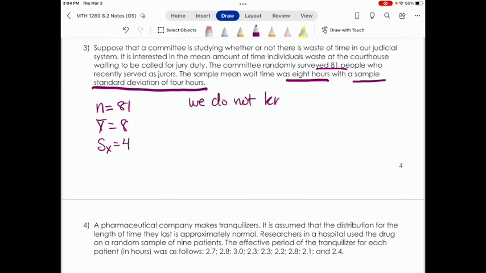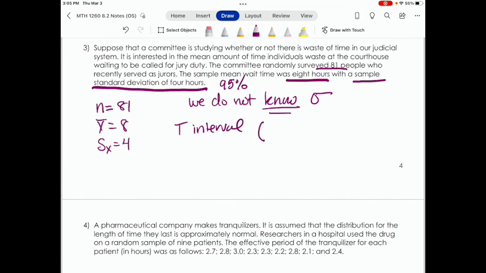We do not know sigma. We don't know the population standard deviation, which means, again, we're going to use t-interval. Now, if we want to do this for 95% confidence, we're going to put in that our sample mean is 8, our sample size is 81, and our standard deviation for the sample is 4.